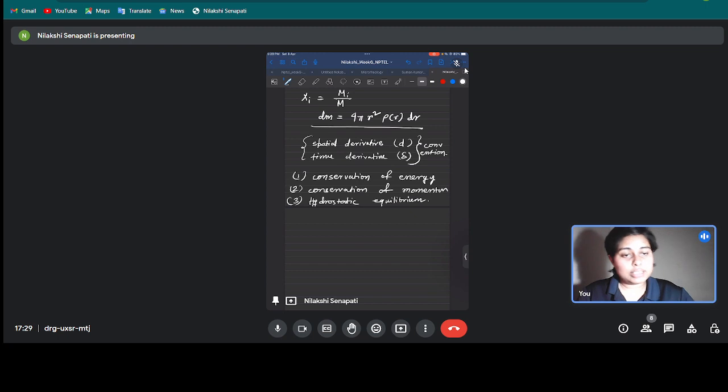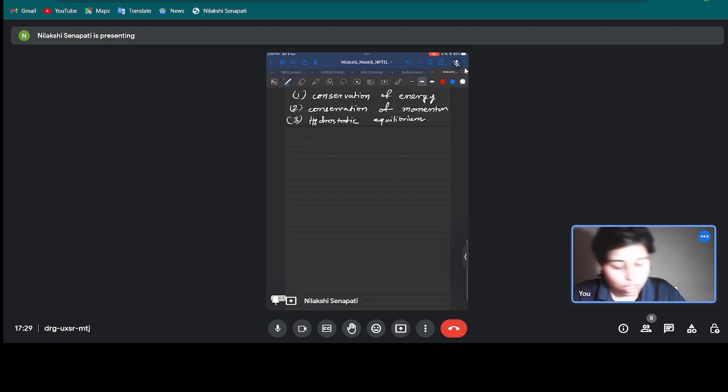Okay, so for these three things you will get three stellar equations, which we call the first stellar equation, second stellar equation, third stellar equation. The first will come from conservation of energy.